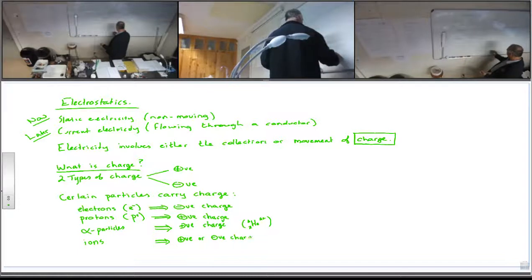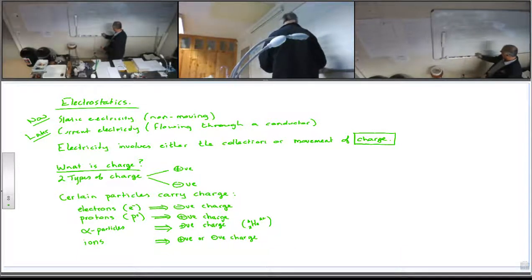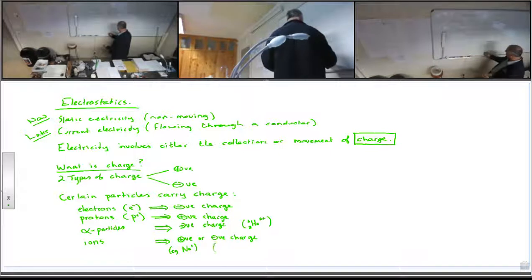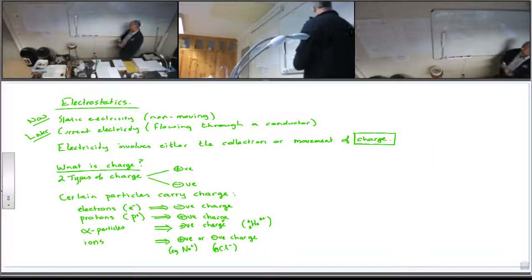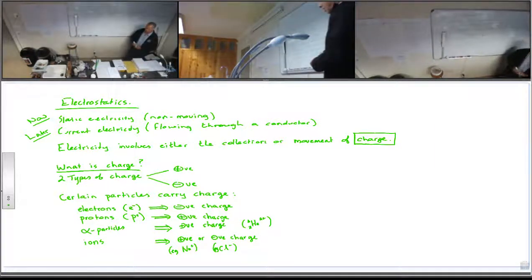Give me an example of a positively charged ion. Let's keep it simple. Na positive. Okay, happy? Negative? Cl minus as an example there. Right, so there's some particles that carry charge.